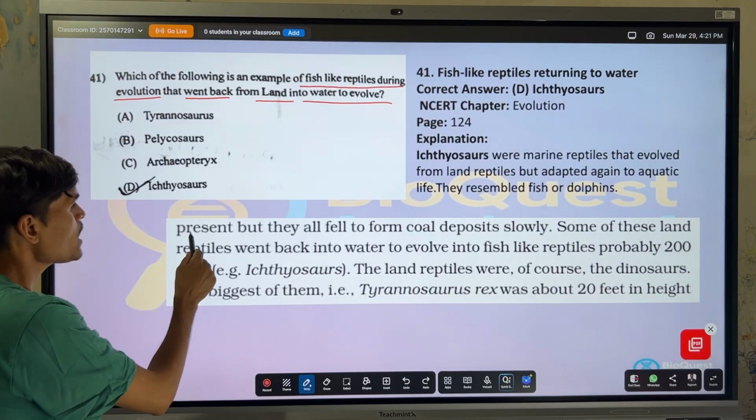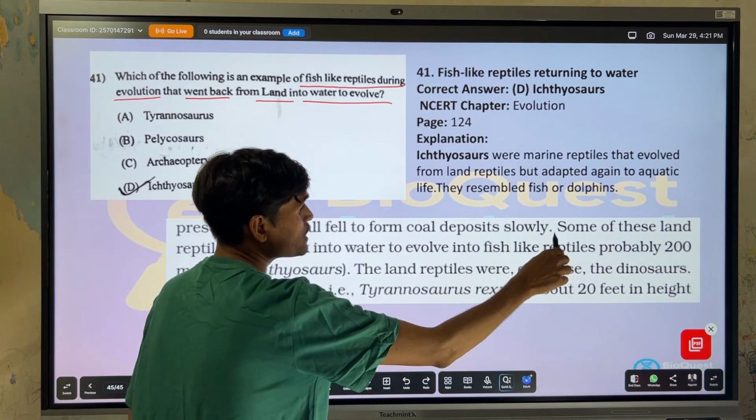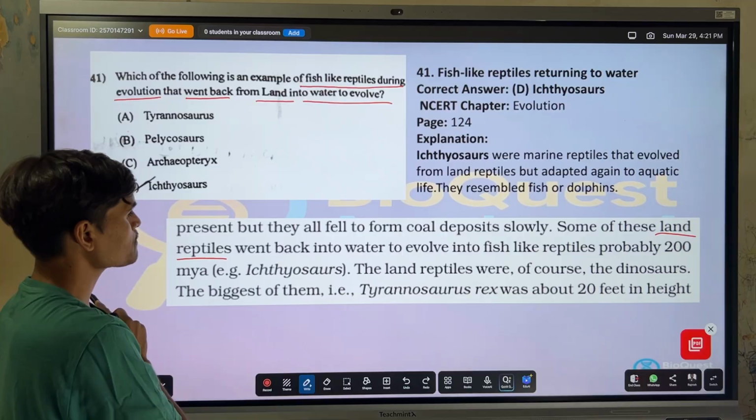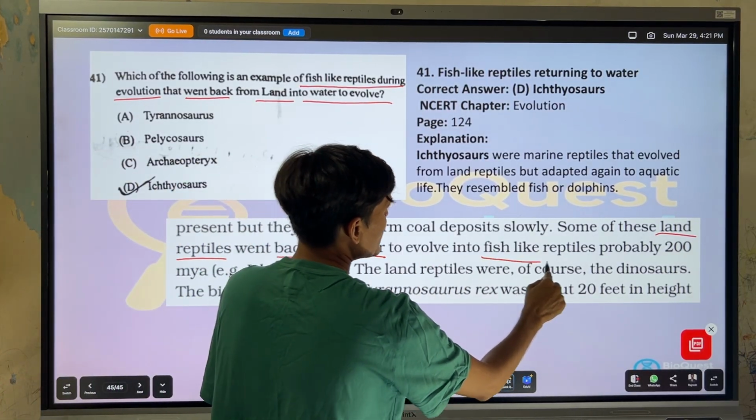Some of these land reptiles went back into water to evolve into fish-like reptiles.